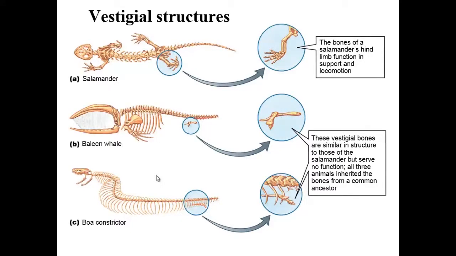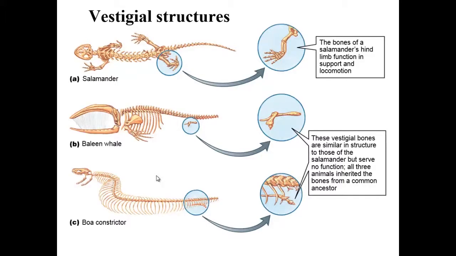Now, two other animals that have hip bones but don't have legs are something like the baleen whale or big giant whales in the ocean. You don't see them swimming around with their legs. Legs would cause them to drag and go much slower, so that wouldn't be selected for in that environment. And the other thing that you can see in a snake is small hip bones, but again, no legs.